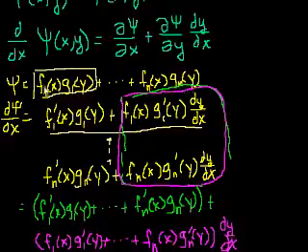Because if you take the partial derivative with respect to x of this term, you treat the function of y as a constant. So the derivative of this would just be f prime of x, g1 of y, because g1 of y is just a constant. And so forth and so on. All of these green terms you can view as the partial derivative of xi with respect to x. We just pretended like y is a constant.